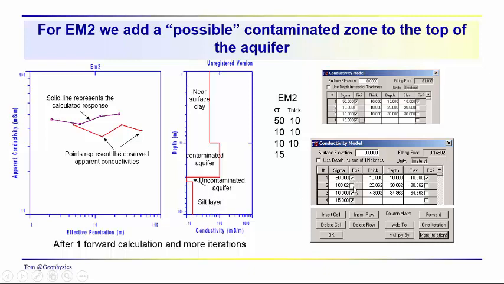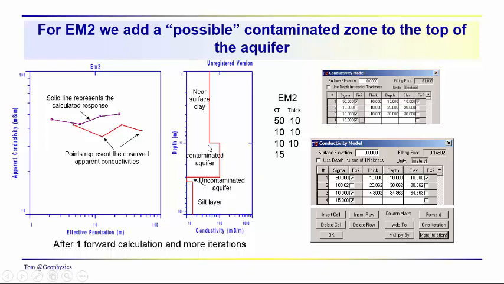We've fixed these parameters. We allowed the conductivity of the contaminated aquifer to vary, and we see that the contaminated zone has a conductivity about 10 times that of the uncontaminated portion, around 100 millisiemens per meter. Its thickness is 20.06 meters. That's a little bit too thick.